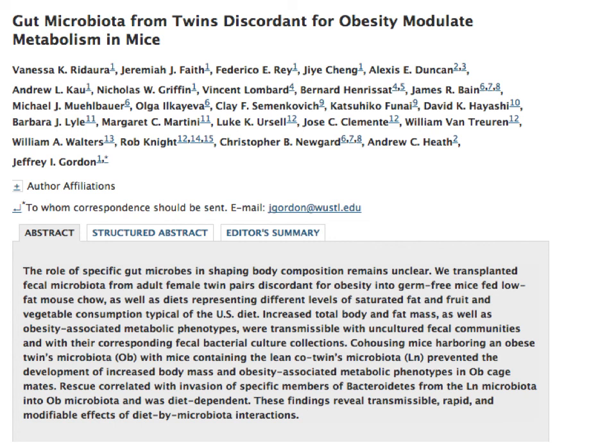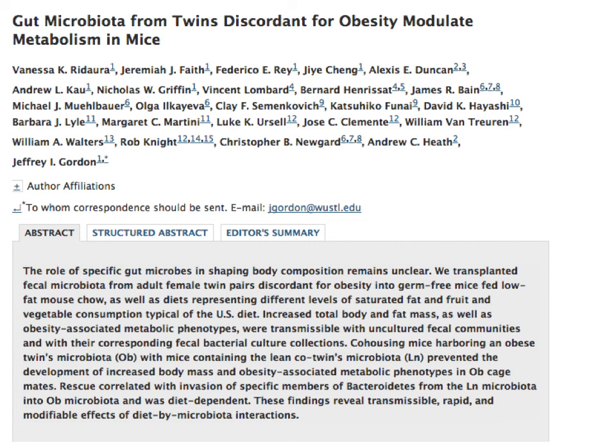Okay? You can raise mice to have sterile guts, like they have no gut bacteria at all, and they introduced to those mice the bacteria present in each of the twins and fed those mice the exact same diet for a period of time. And what they found is, even though they're eating the exact same thing in the exact same amount, those mice that were exposed to the obese twin's bacterial culture became obese.